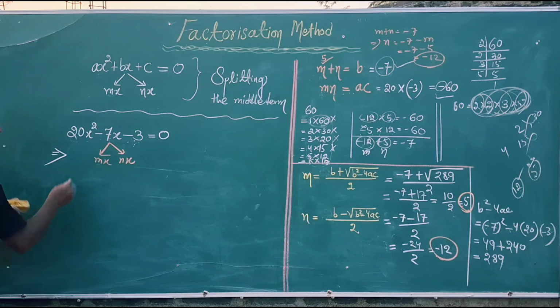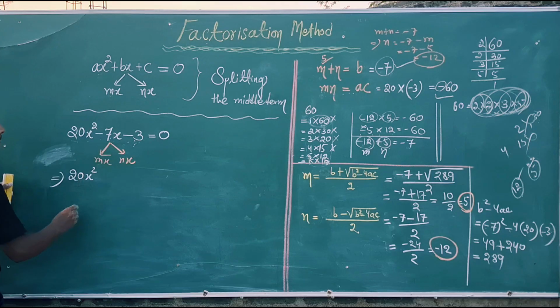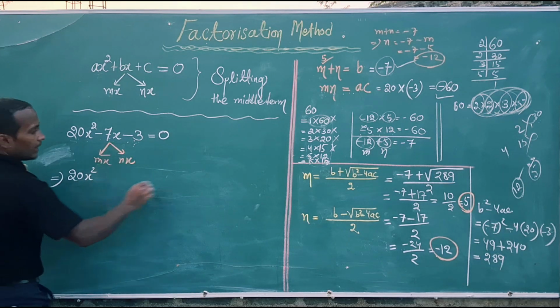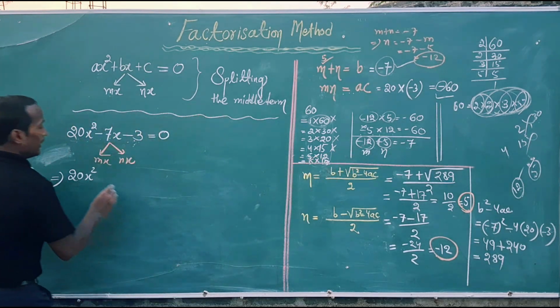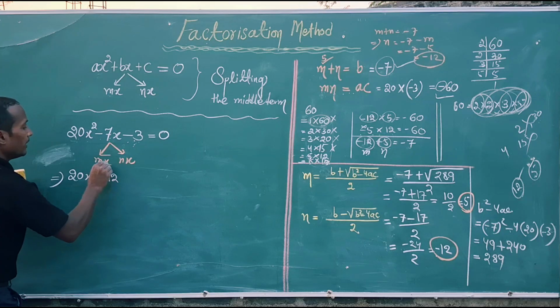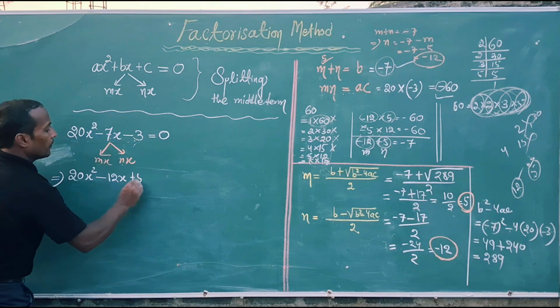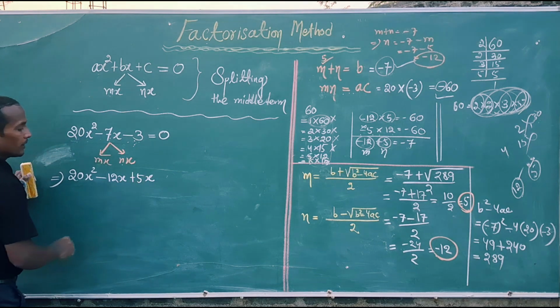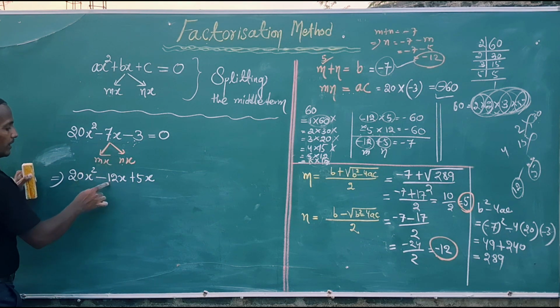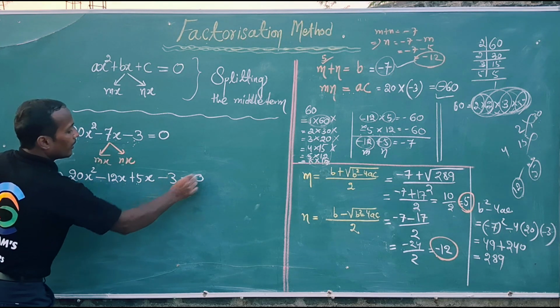Okay, so copy the term ax square as it is, 20x square, and in place of mx let me write minus 12 as m, and then copy x. Then what is n? N is plus 5, so take plus 5 and write x. Okay, so you have minus 7x written as minus 12x plus 5x. M is minus 12, n is 5. Now minus 3 is there.